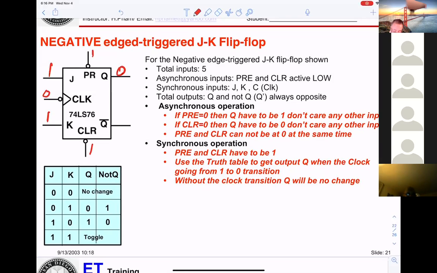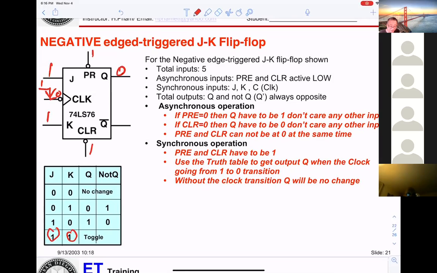Now, if I get the clock going 1 to 0, then you're looking into the truth table. You can say, okay, J1, K1, they toggle. Now what is given? 1.